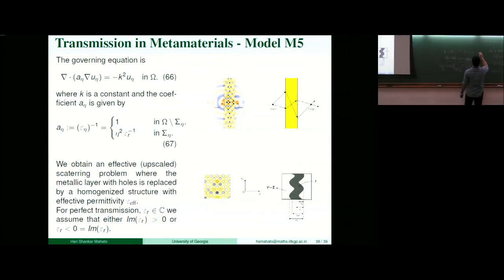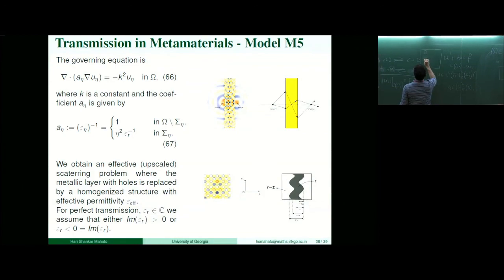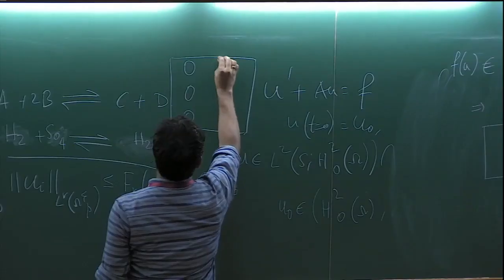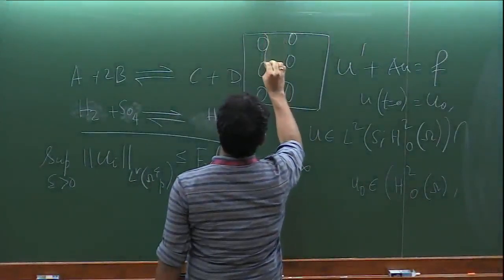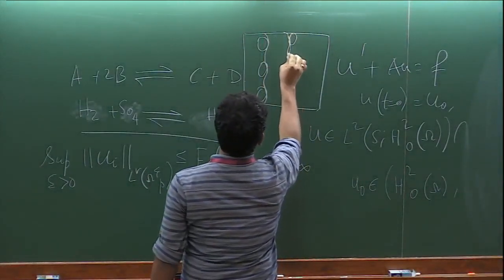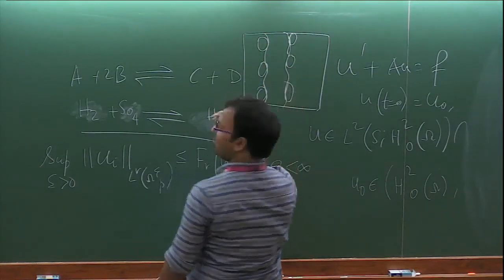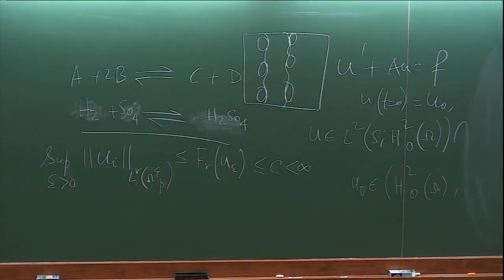So if I have, let's say, 2 columns of holes, we have some kind of ribbon-like structure through which your ray of light can pass.